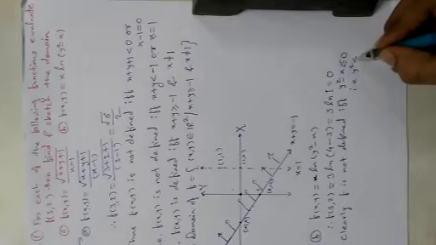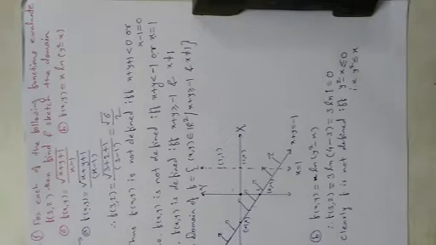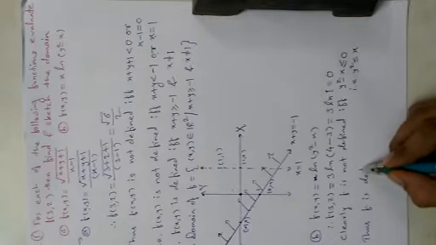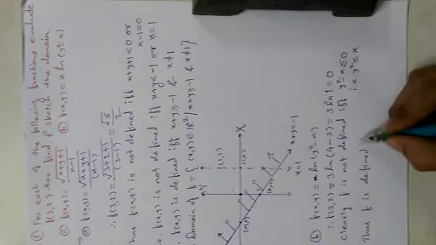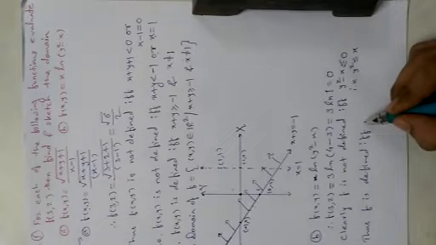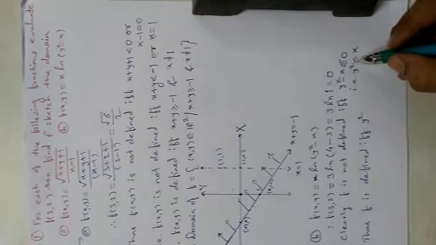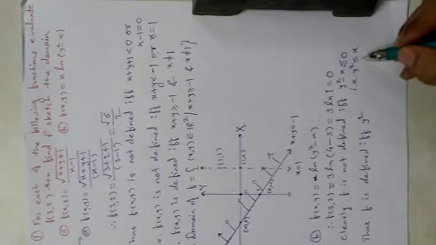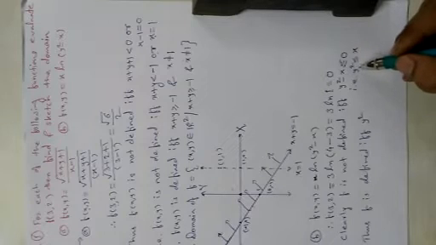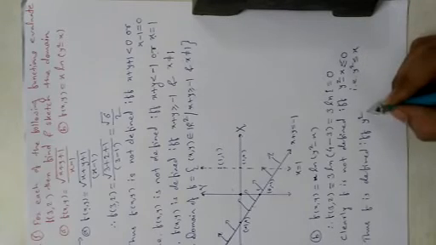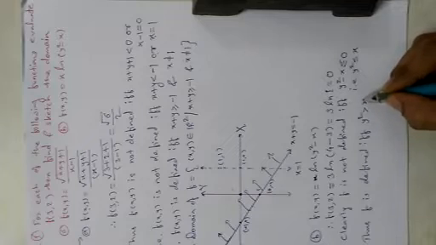That is, y square is less or equal x. Thus f is defined if and only if we have to find the negation of y square less or equal x. The negation of y square less or equal x is y square greater than x.